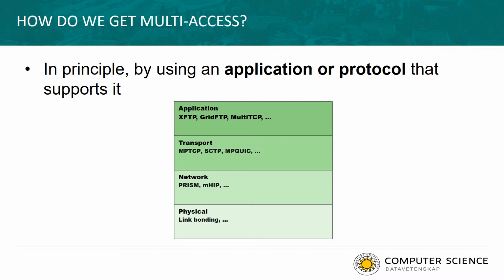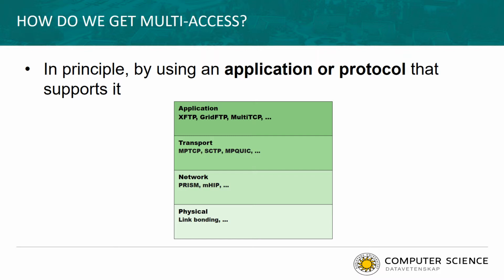You may also support multi-access at the network layer. Here again, there are multiple approaches. You may, for instance, use identity locator split approaches, like in the Host Identity Protocol, HIP, which has multi-homing support for failovers.